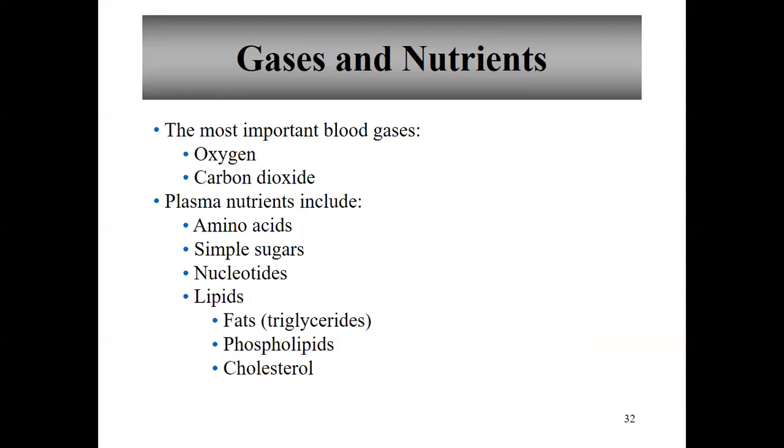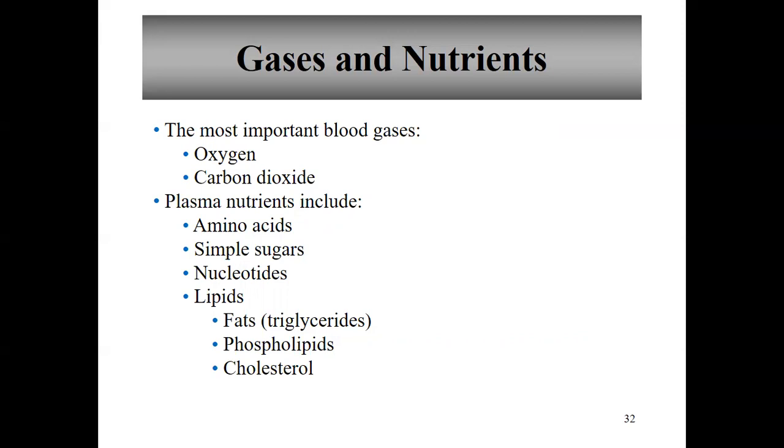The plasma nutrients, again, this is not an exhaustive list, but you have amino acids. Amino acids are the building blocks of protein. You have simple sugars. Simple sugars are the building blocks of carbohydrates, as well as glycogen.